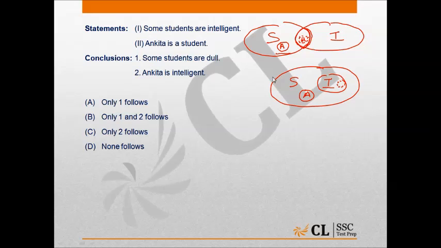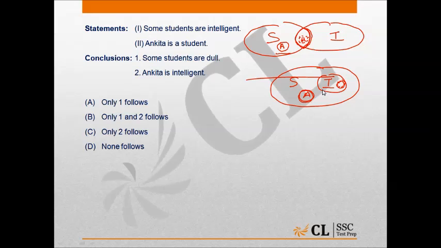Here in this scenario, if Ankita is part of students and not part of intelligent, then Ankita is not intelligent. If Ankita is part of the intelligence set which is inside the student set, then Ankita is intelligent.